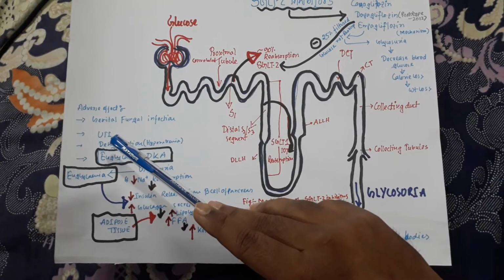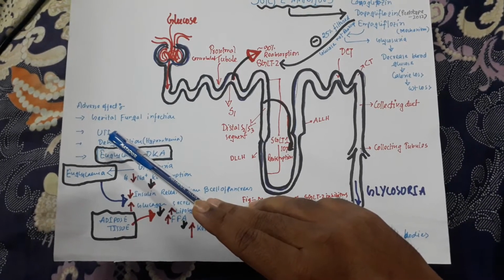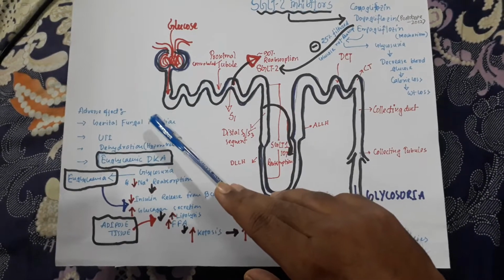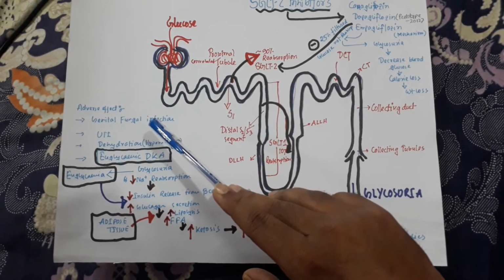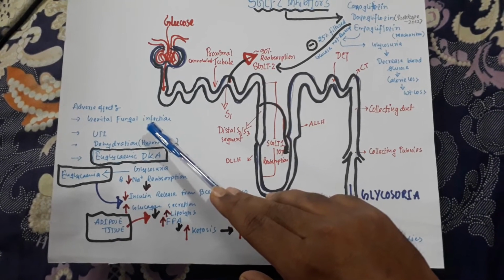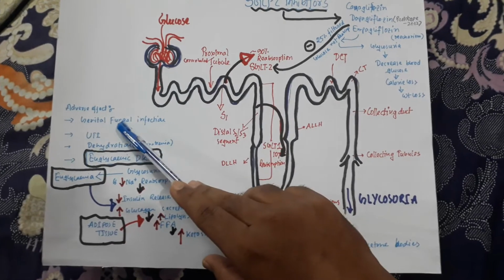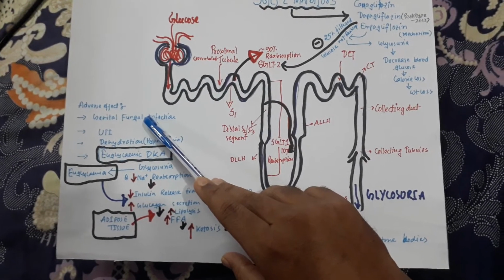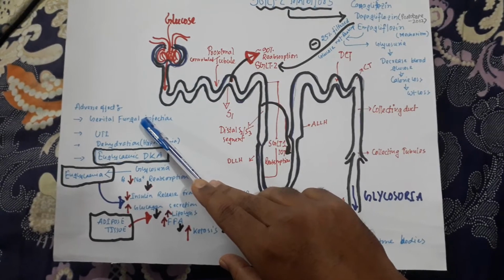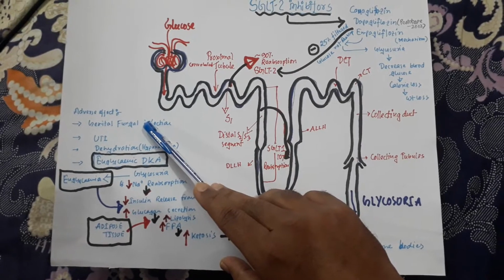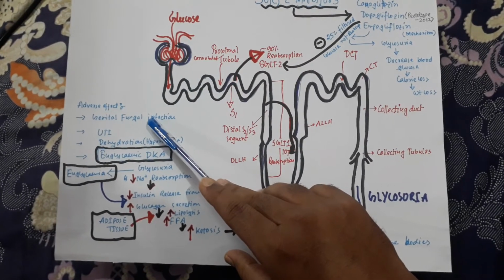So E. coli can easily grow in this region and cause UTI. Genital fungal infection can also occur due to glycosuria, because glucose is very important for the growth of fungus. So there will be vaginal candidiasis, and fungal candidiasis occurs if this type of drug is used for a prolonged period of time.